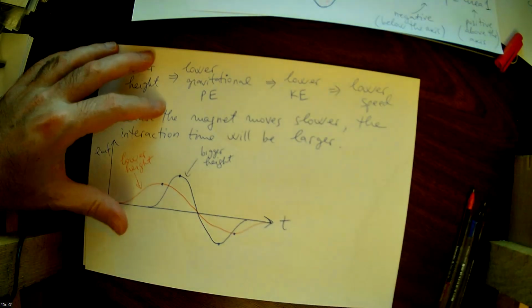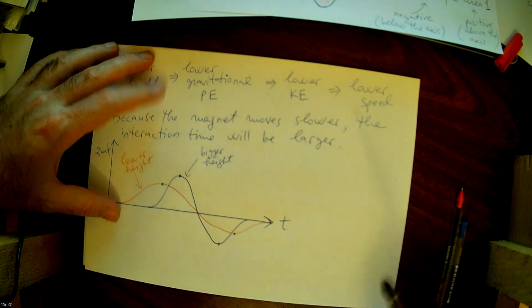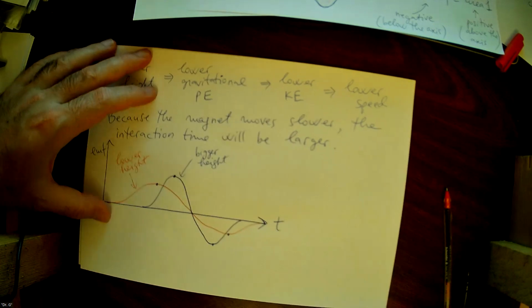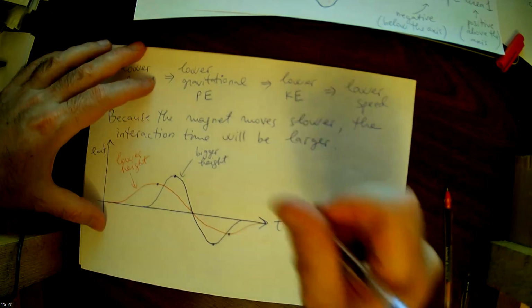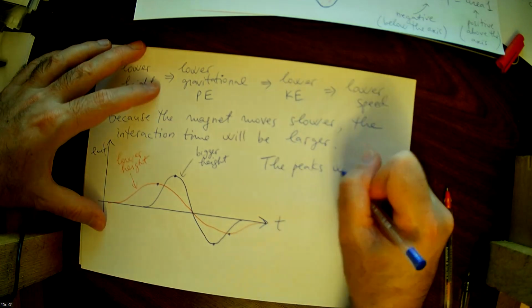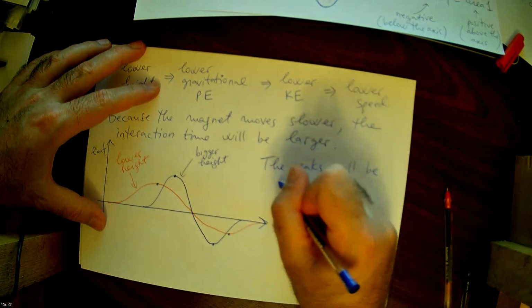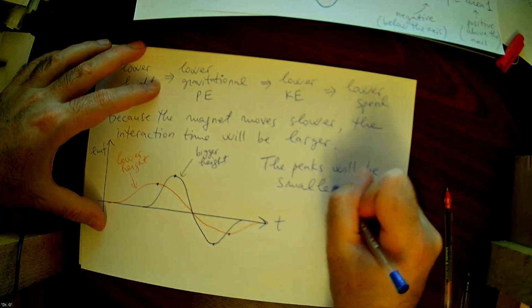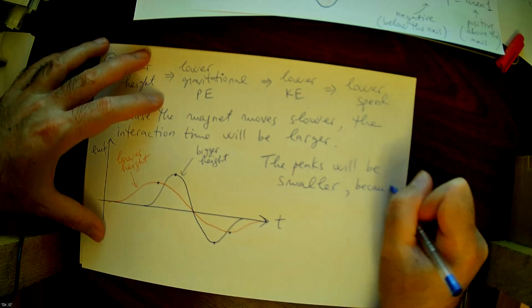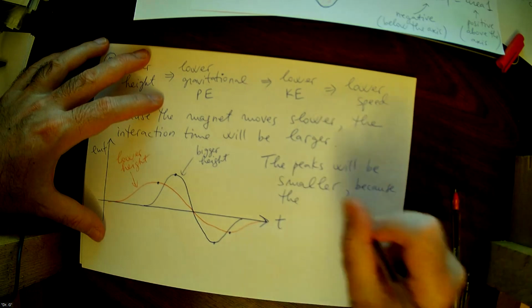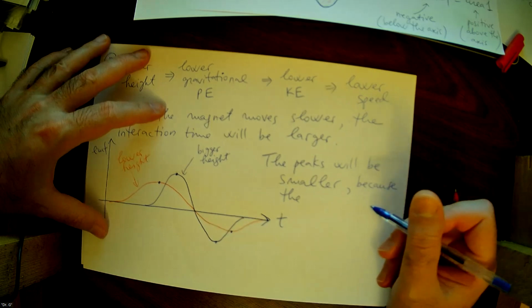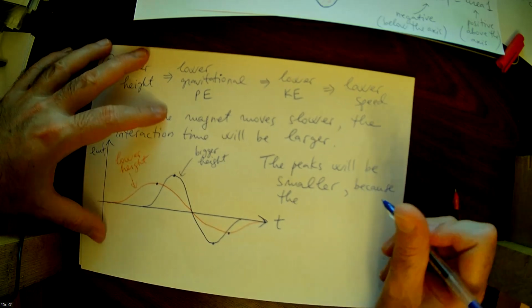And what do we notice? That the peaks will be smaller, yeah? Because the areas must remain the same, yeah?